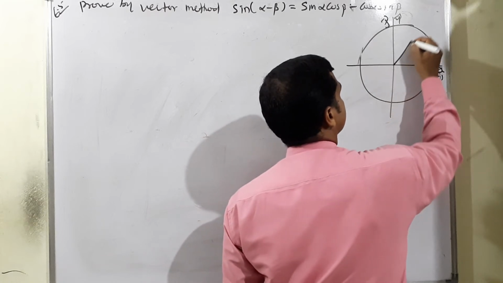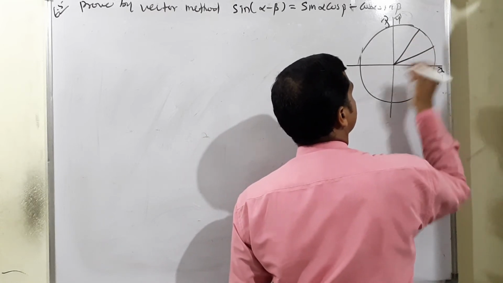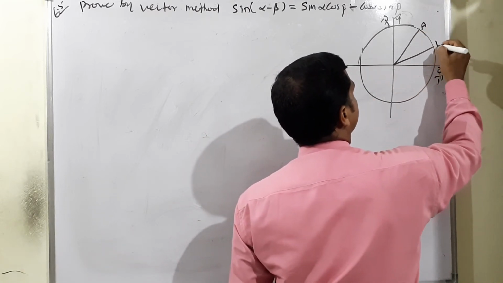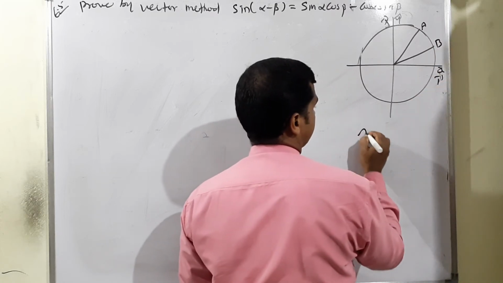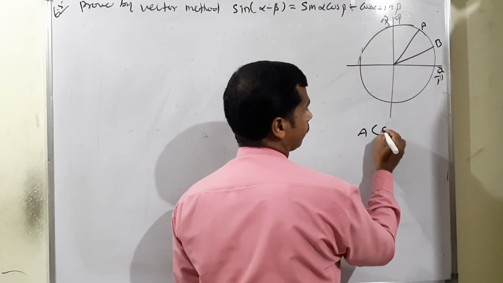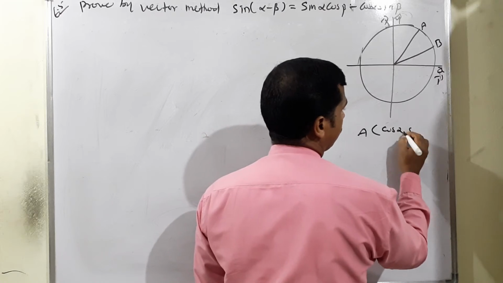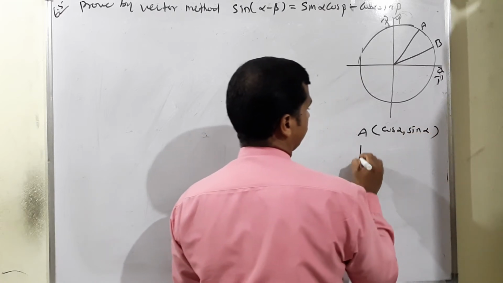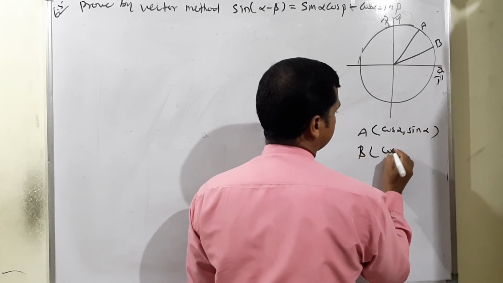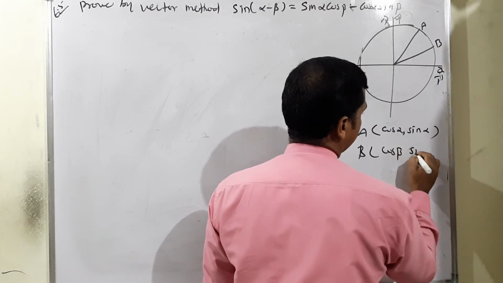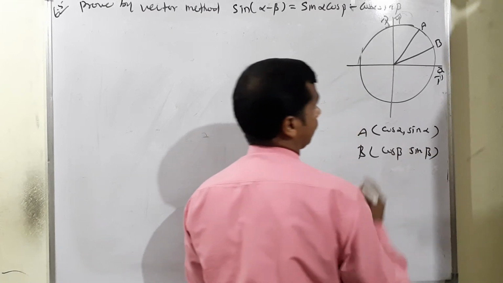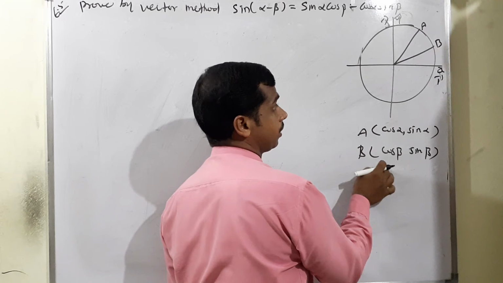This is point A, this is point B. A, we already know the coordinate point, definitely cos alpha comma sin alpha. Then point B is cos beta comma sin beta. Okay, there is no space, that's why I have written it here.